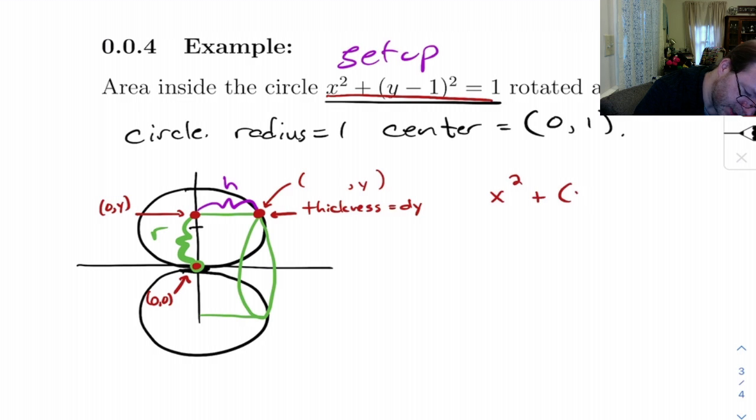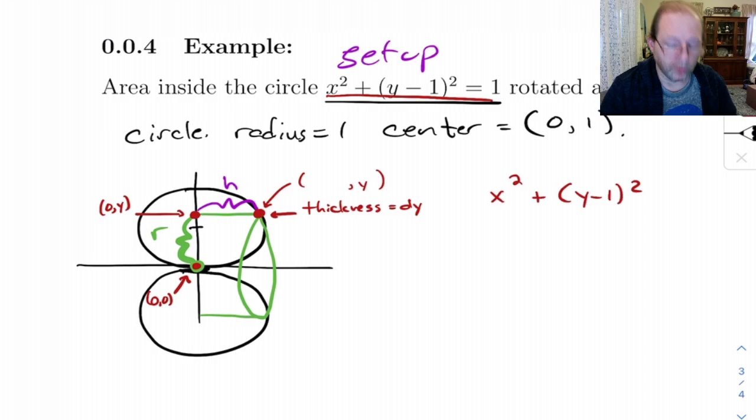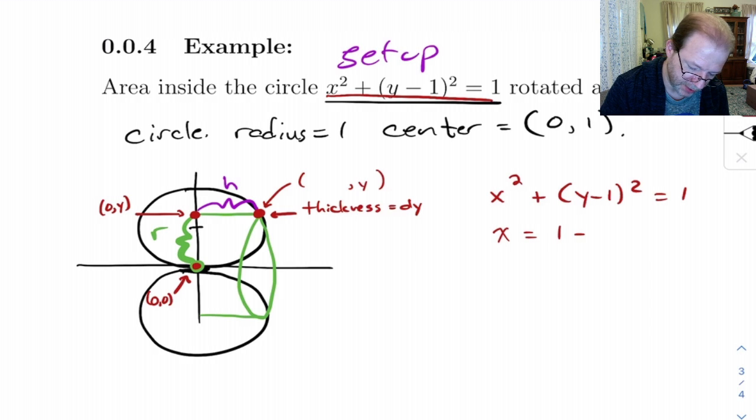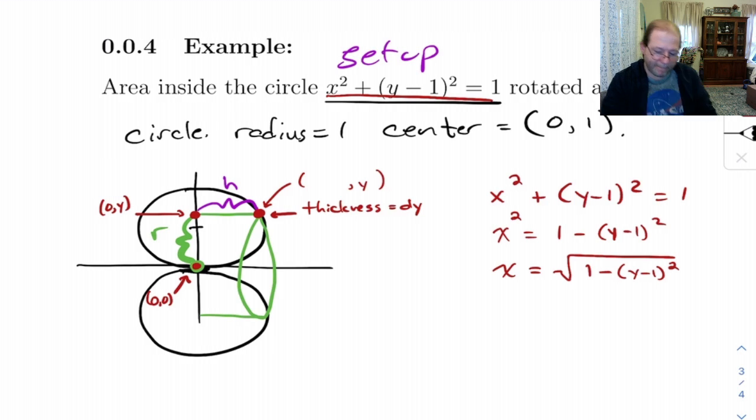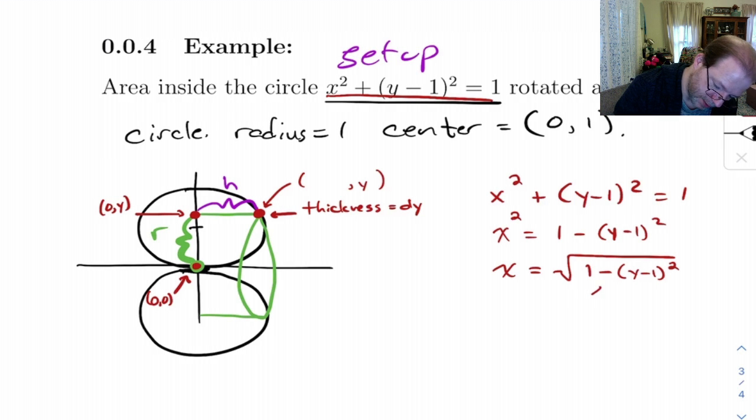So we've got x squared plus (y minus 1) squared equals 1. So if you solve this for x, you get 1 minus (y minus 1) squared. So x is the square root of that. All right, and I'm just going to draw an arrow for that that goes here.